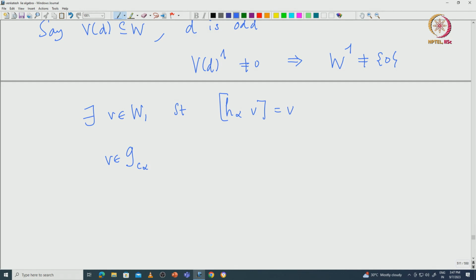Now C has to be non-zero, otherwise this G 0 will be H, which is inside that complementary space. Then if you compute H alpha V, this is given by C times alpha of H alpha times V, which is exactly equal to 2 C V. But that forces 2 C to be equal to 1, so C must be equal to half.